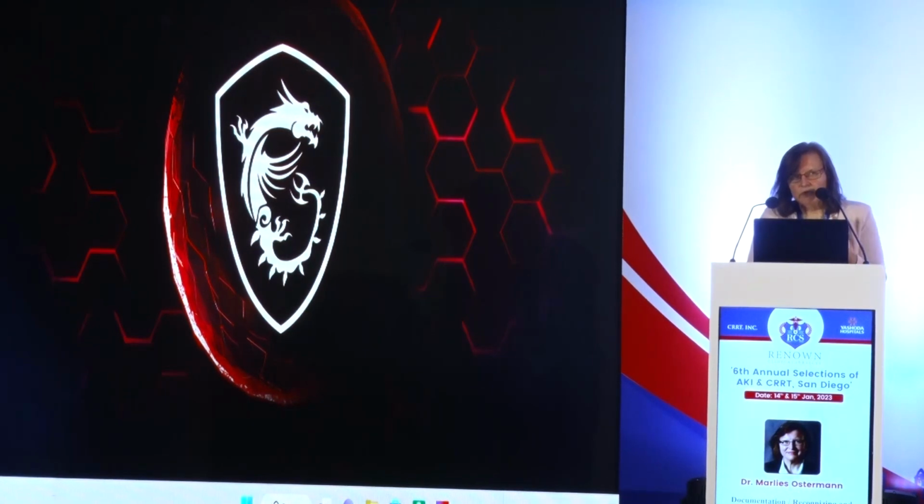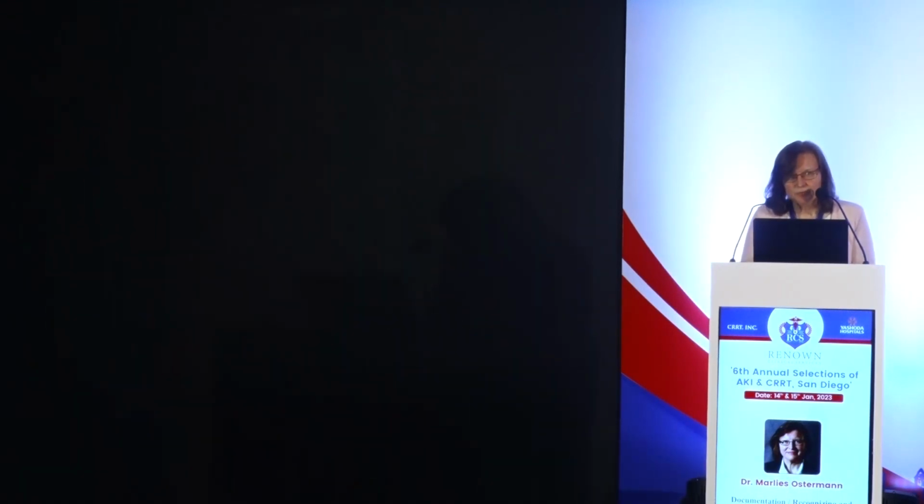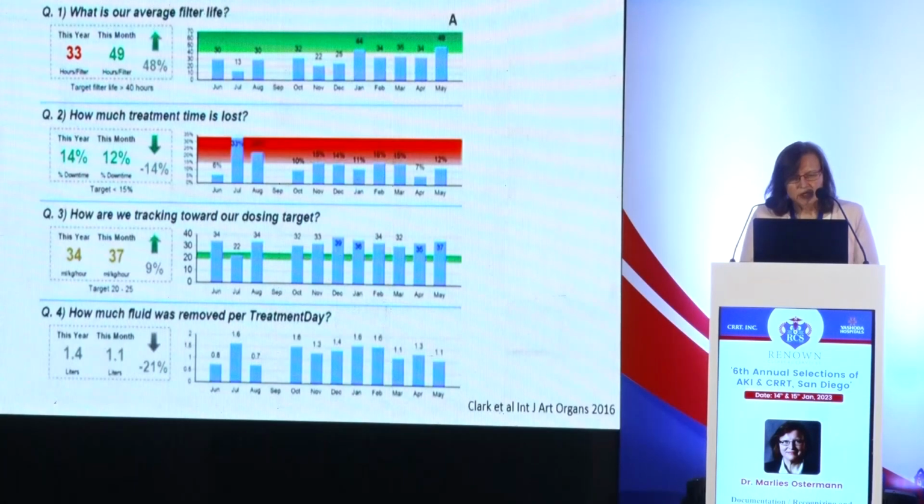And there are data in the literature showing that this can be done successfully. Here we have results of a successful quality improvement project where the team every month looked at various aspects, and it shows important aspects which were relevant to the patients and relevant to their department.